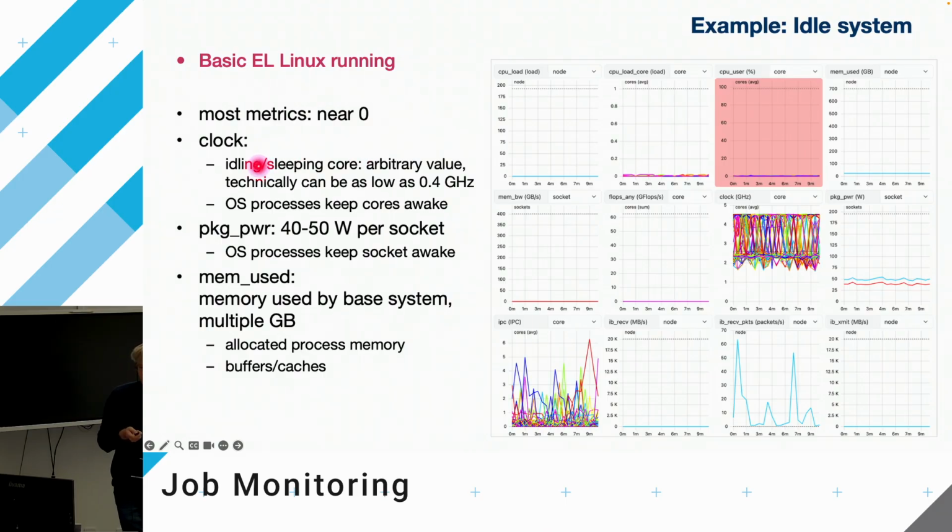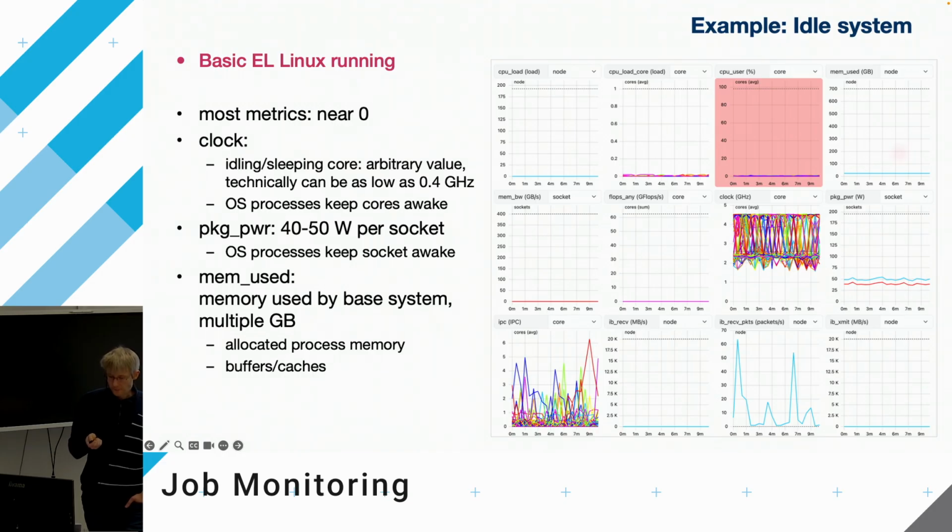For example, the CPU load, we are running no threads that want to compute something, so there's no load, and the CPUs are not used, so no percentage of the time is used by your code because no code is running, and also the memory is at a certain base value because this mem used metric includes some of the operating system memory. So there's always an offset here.